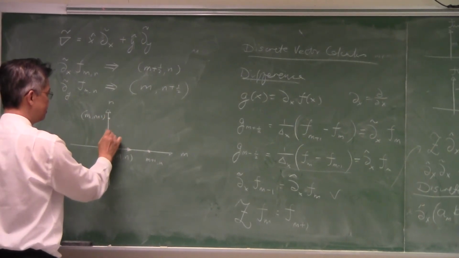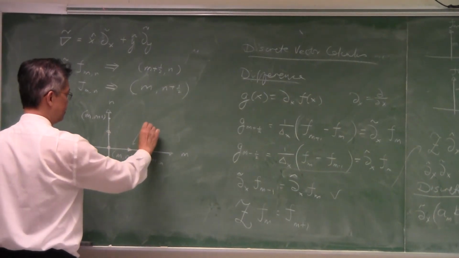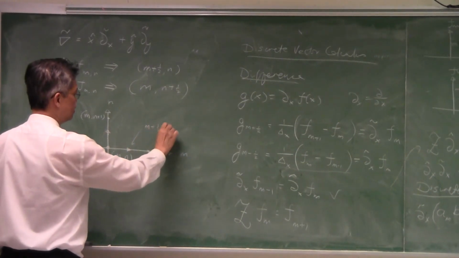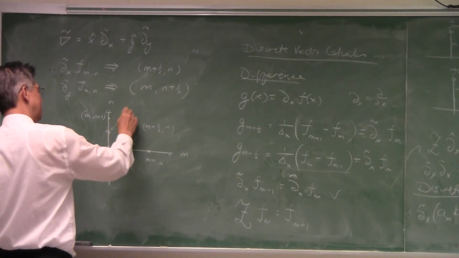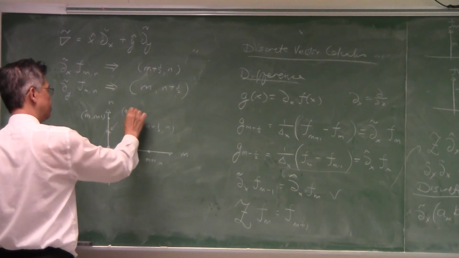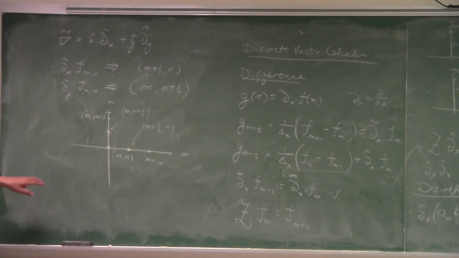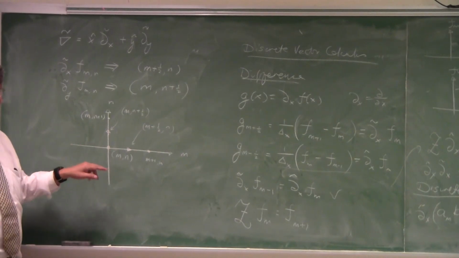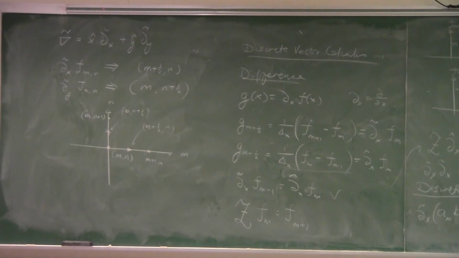And the y component is actually associated with the value here, which is n plus half. If you associate the gradient with these values here, then this actually becomes a central difference.